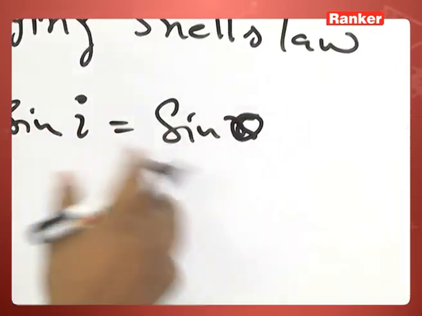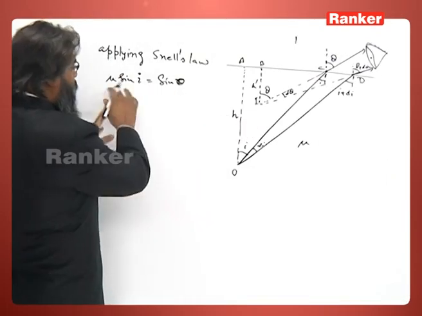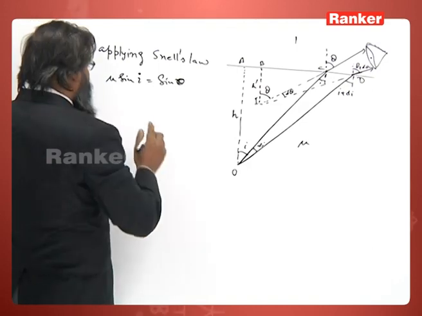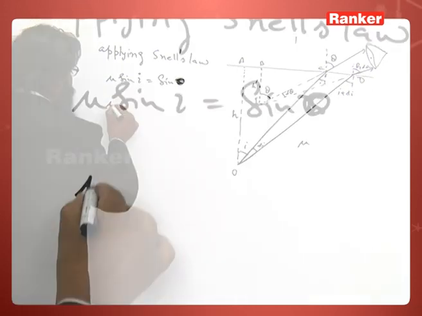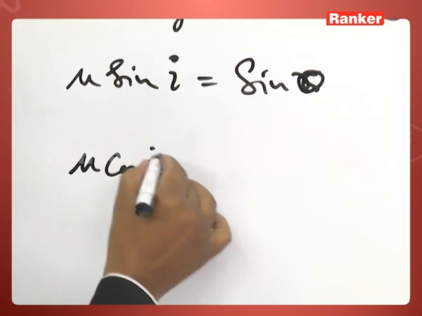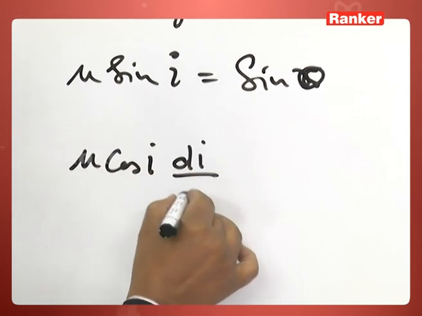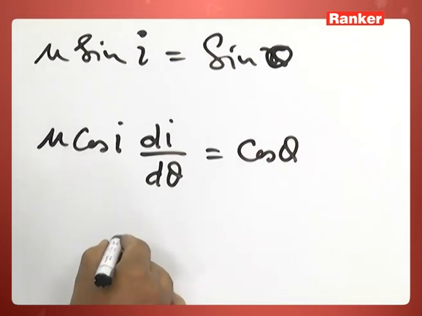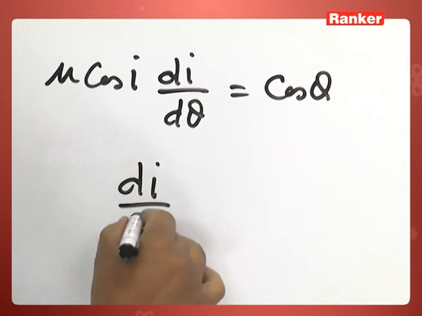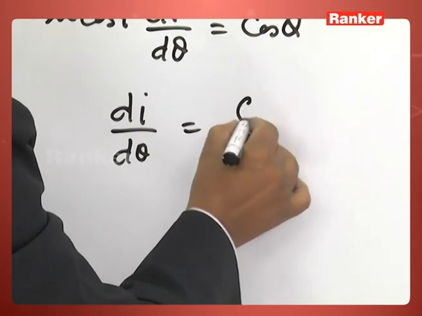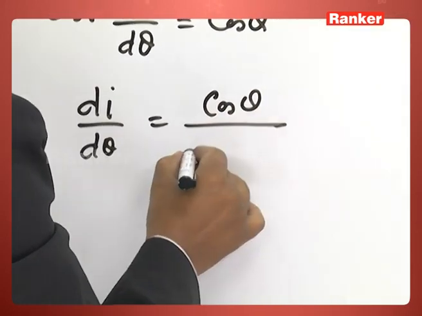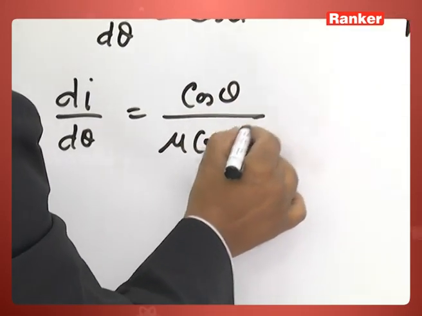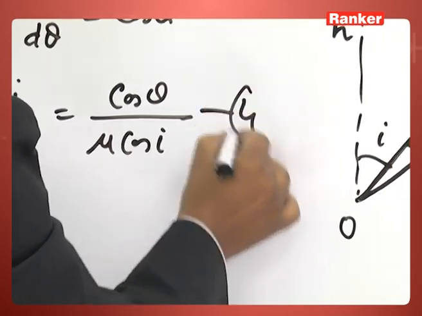How theta and I vary when they are related by mu sin I is equal to sin theta. So we will differentiate: mu cos I DI is equal to cos theta d theta. So we have DI by d theta as cos theta by mu cos I. This is equation number 4.